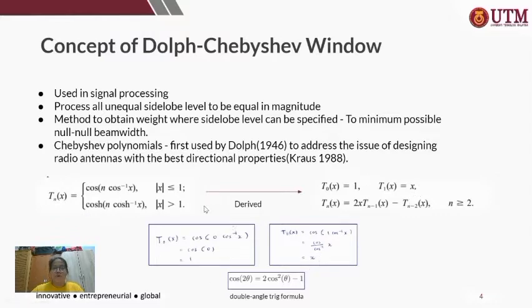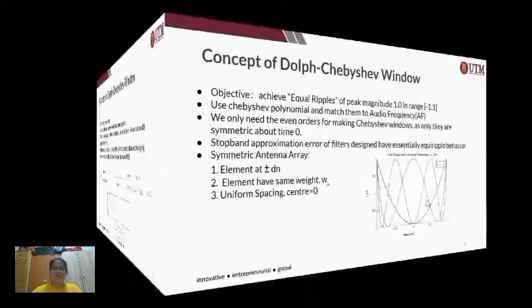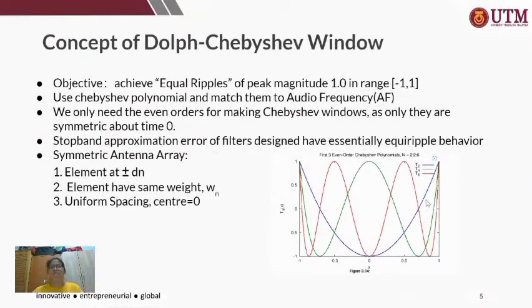Okay, so for x bigger than 1, for example 2, 3, 4, 5, we will use the double angle trigonometric formula, and after we derive, we will get this formula for the polynomial. Okay, so what is the objective of the Dolph-Chebyshev window? To achieve equal ripples of peak magnitude 1.0 in the range of -1 and 1.